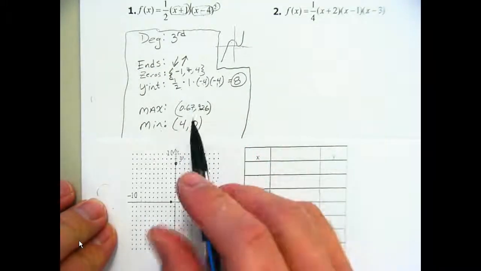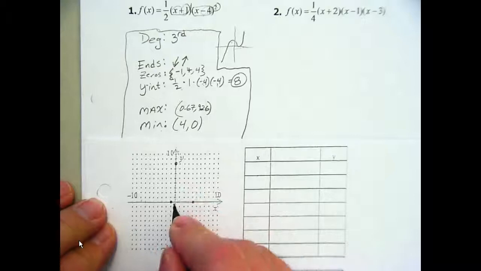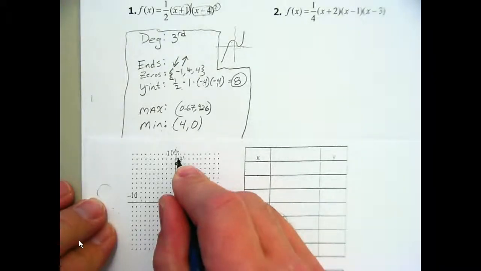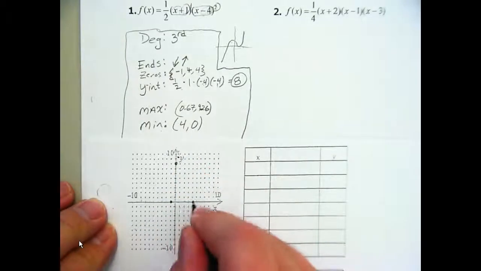I know my end behavior. I've got my max, 2/3, 9.26, so it's a little farther up there. I've got my min right here.